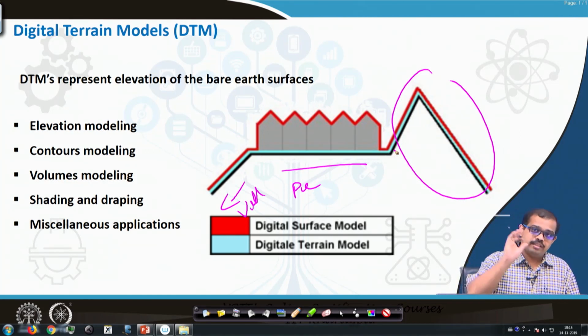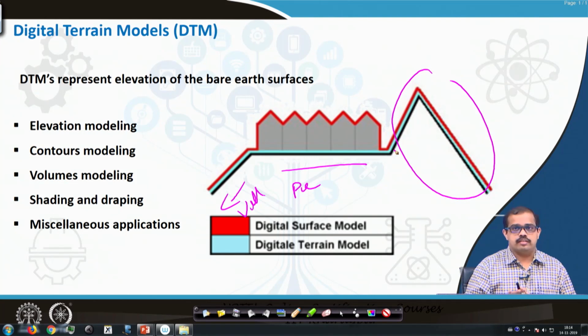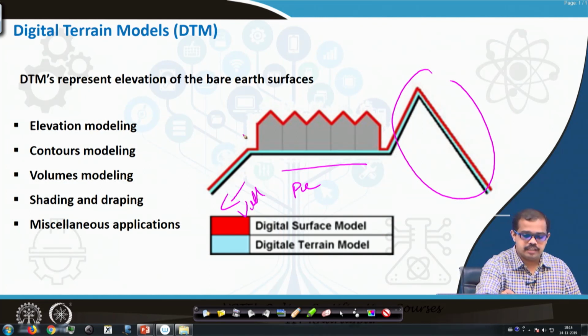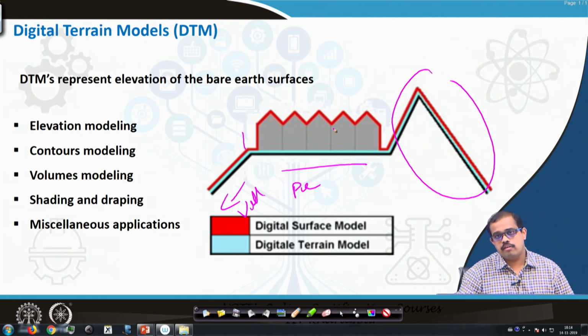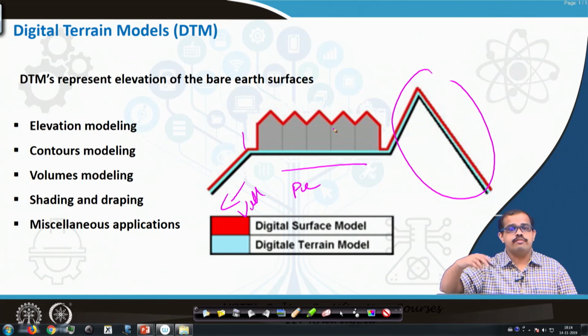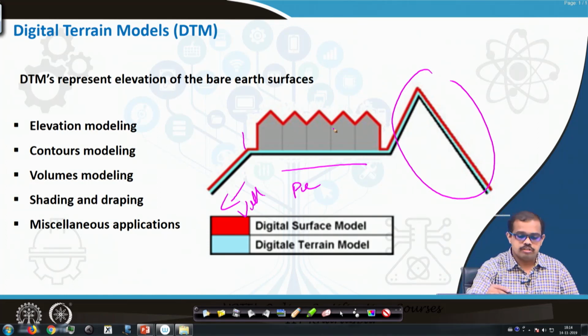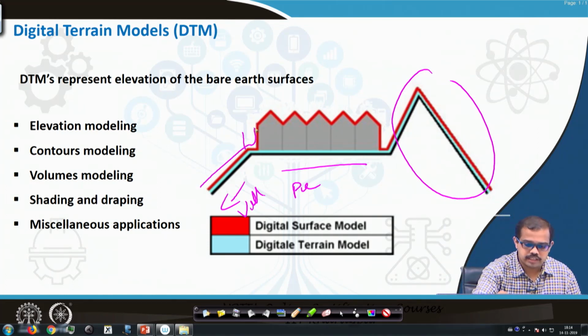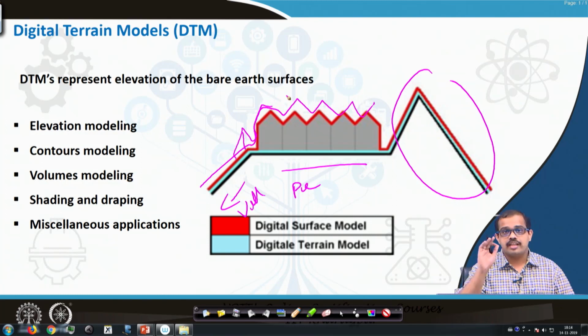If there is human interference, or natural development, there may be a tree here, it may be houses that have been developed. If that is also used, then you find out what is on the surface. So, you get a model like this. Let us say if there is a tree, it would come out something like this. That is nothing but a digital surface model.